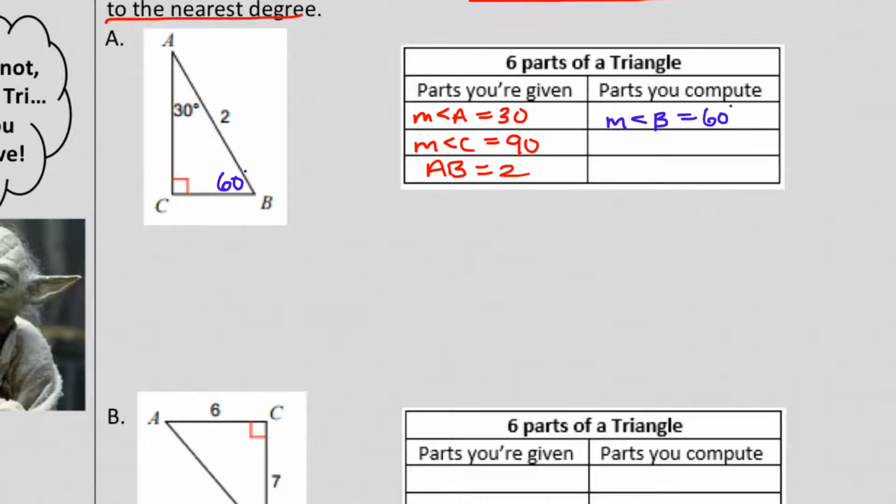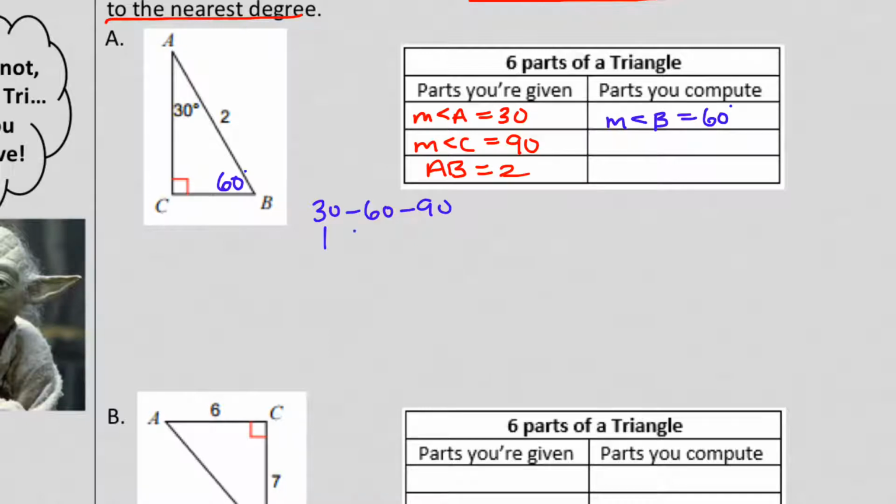Now the parts that I still don't know at this point are sides BC and AC. Now here you have to compute those, and you have choice. Guys, in this case, when I look at this triangle, I see a 30, 60, 90, so I'm going to opt to use the special right triangle 30, 60, 90 here to find my missing sides.